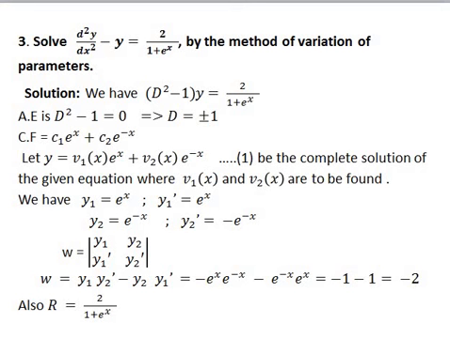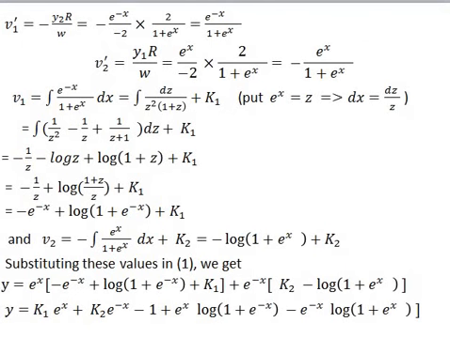Also, the right hand side of the given equation, r, is equal to 2 divided by 1 plus e to the power of x. We found v1 dash is equal to minus y2 r divided by w. That is, y2 is e to the power of minus x divided by minus 2 and r is 2 divided by 1 plus e to the power of x, which is equal to e to the power of minus x.